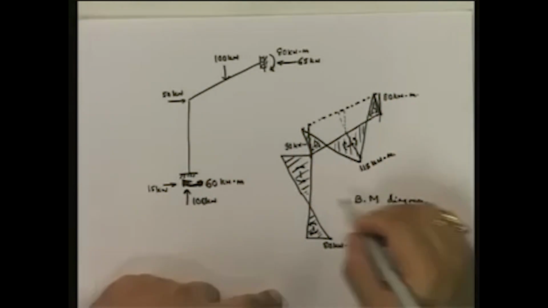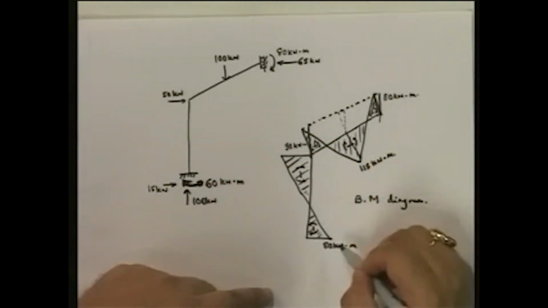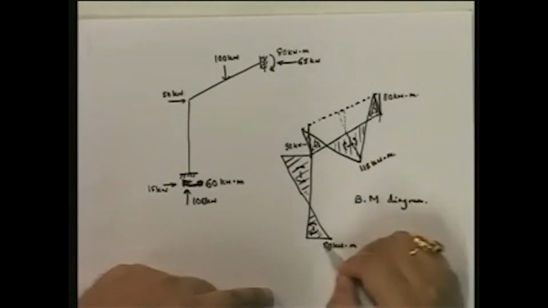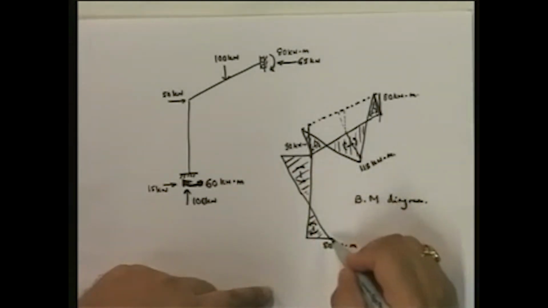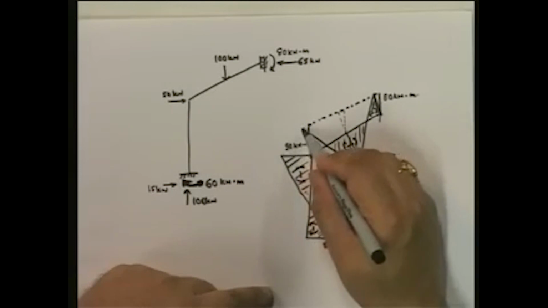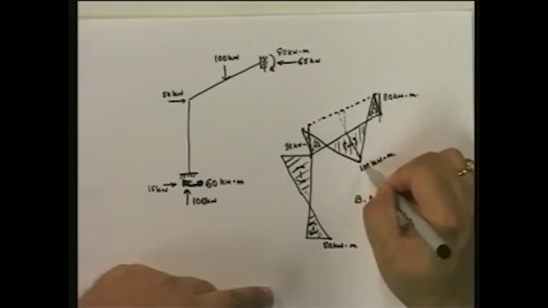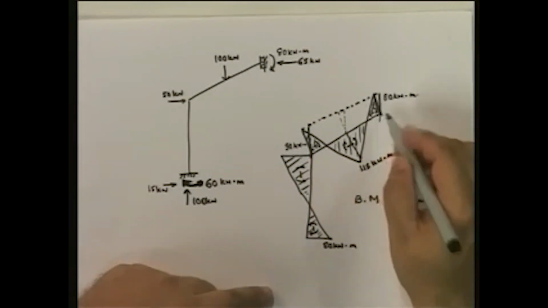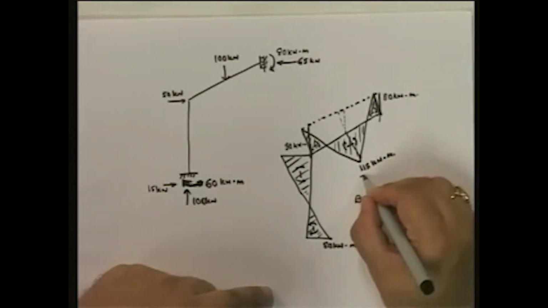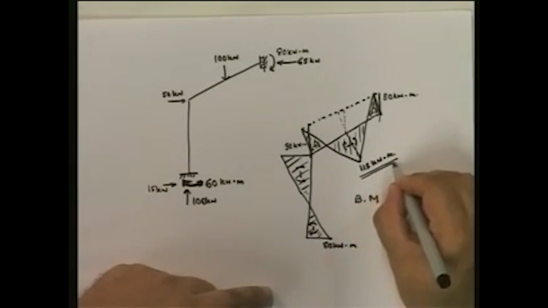Once you know those, you can always draw the bending moment diagram, and this is how the bending moment diagram looks. Linear here, continuous here, this is superposed on top of this, and so this over here at the center of the beam is 115 kilonewton meter.